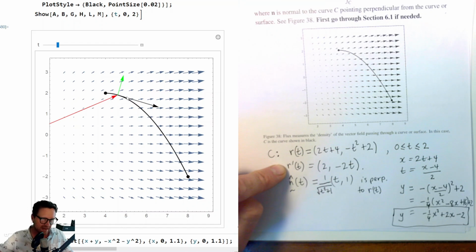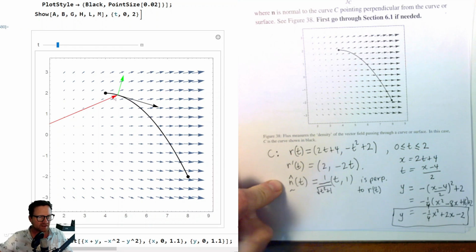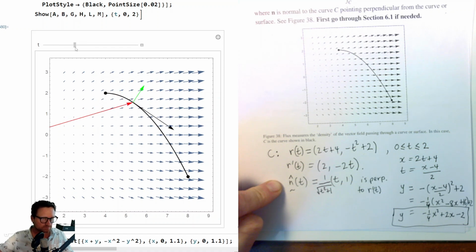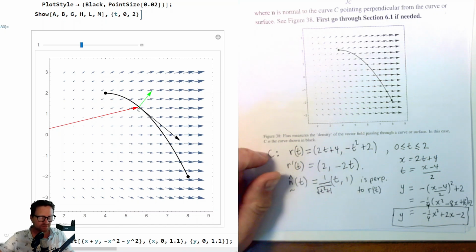Okay, now the green arrow is that unit normal vector, so it's perpendicular to r dash. Right, so meaning that it's perpendicular to the edge of that curve at that point right here, for example, right? And then r dash is tangent to this curve at that given point. Okay, so we've got 3 vectors here of interest.